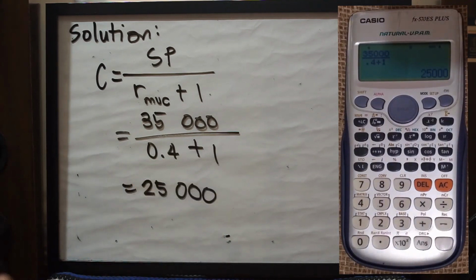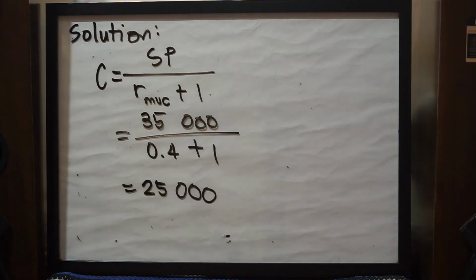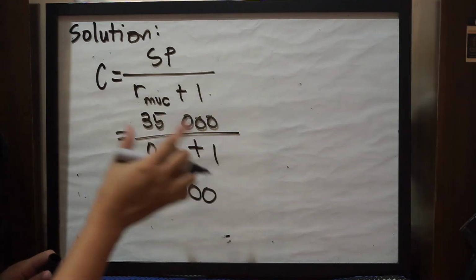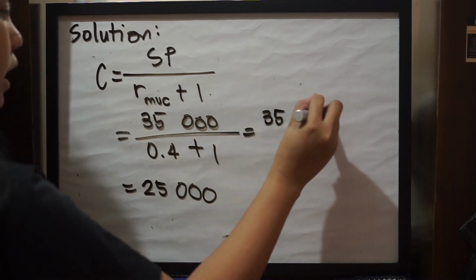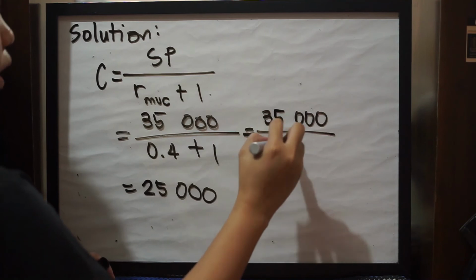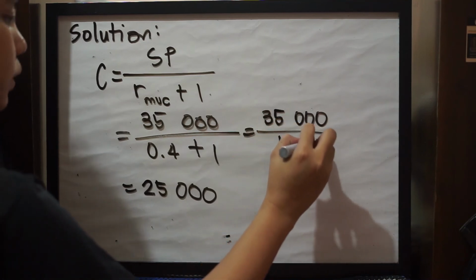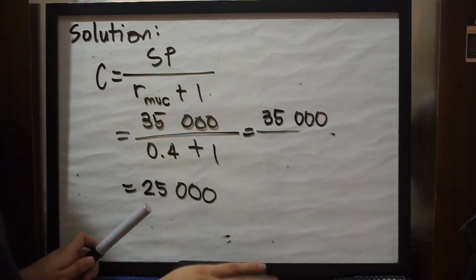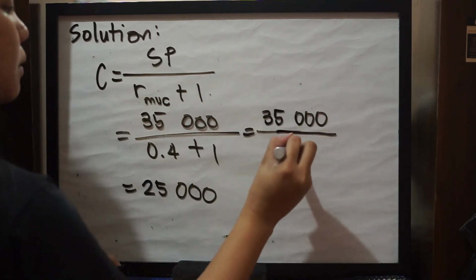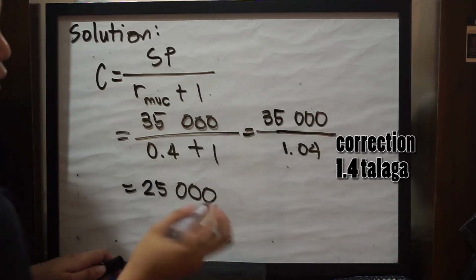Ngayon, if yung calculator ay 2-liner na calculator lang, isolve nyo muna to. 35,000 all over 1 plus 0.4. 1 plus 0.4 is 1.4. Tapos, tsaka nyo siya i-divide.